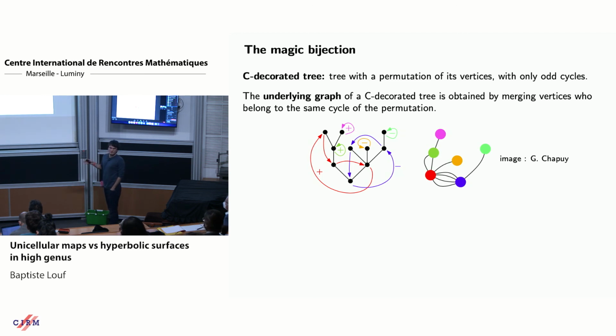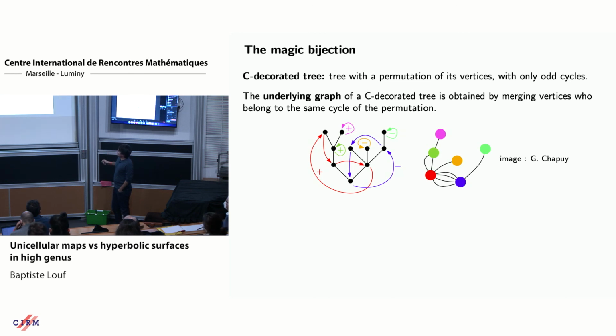For the experts, I'm going to use a slightly different definition than in the original paper. For me, a C-decorated tree is a tree with a permutation on the set of its vertices. And the permutation has to have only odd cycles.